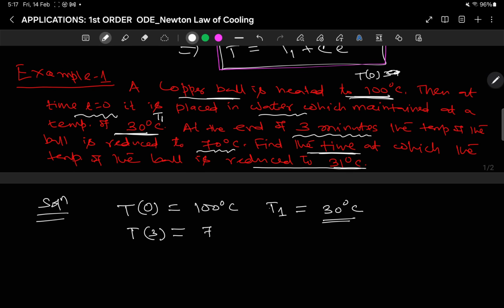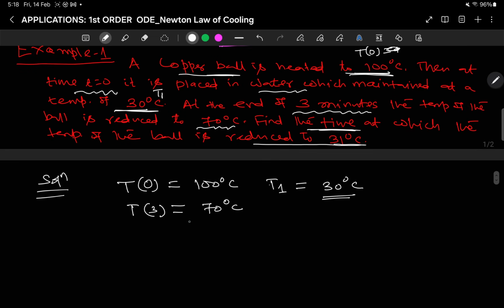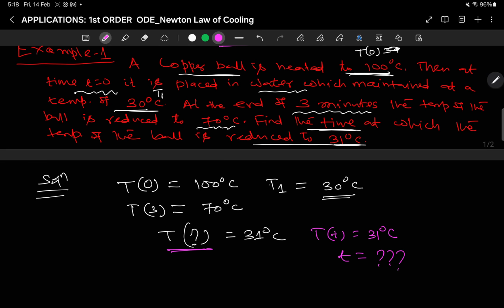So what are we asked? We are asked at what time T(t) is 31 degrees centigrade. So we have to find this t. This is the analysis of the question.